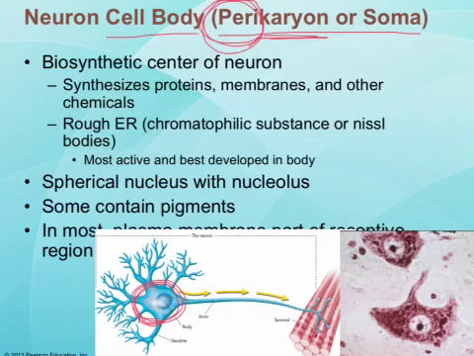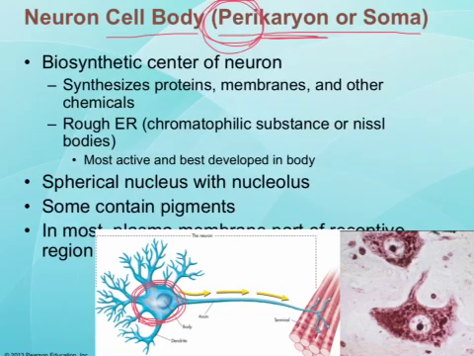That structure is the biosynthetic center. It synthesizes all the proteins, membrane, lipids, and chemicals; it all happens here. So you can think most of those organelles, like the ER, ribosomes, and mitochondria, are in this location.